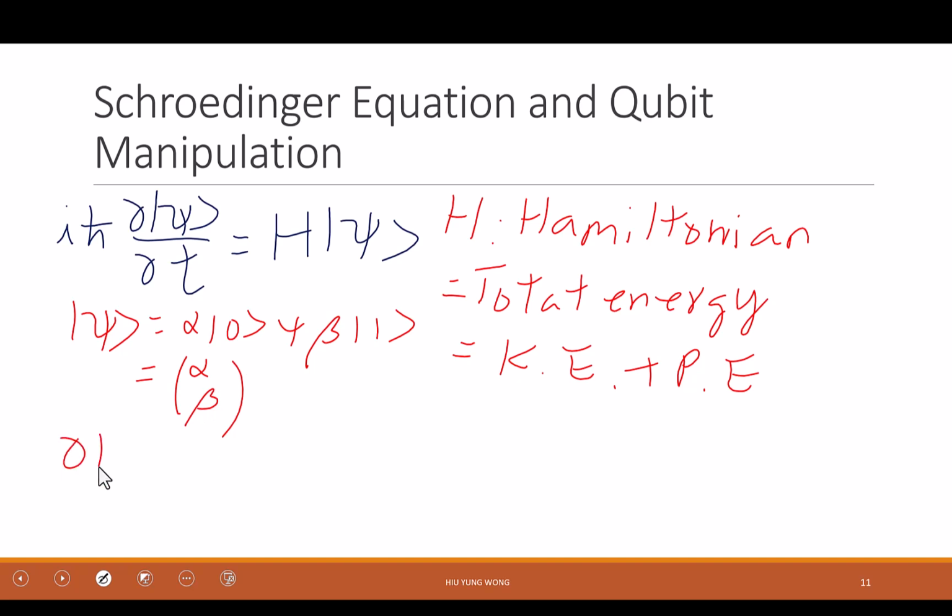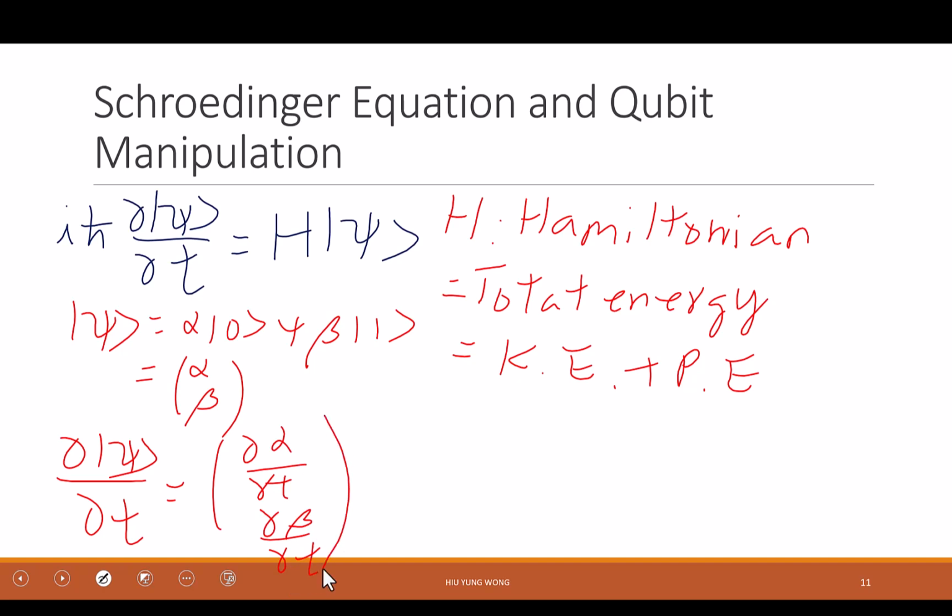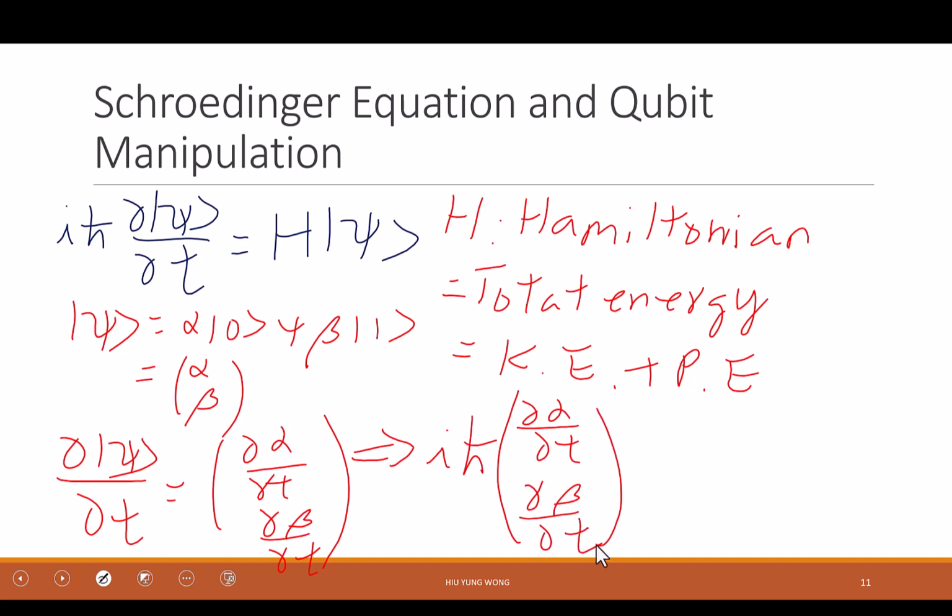So what is partial psi, partial t? It is just equal to partial alpha, partial t, partial beta, partial t. You just differentiate the elements. Okay, so this equation is saying this: i h bar times partial alpha partial t, partial beta partial t equals a matrix times alpha, beta.